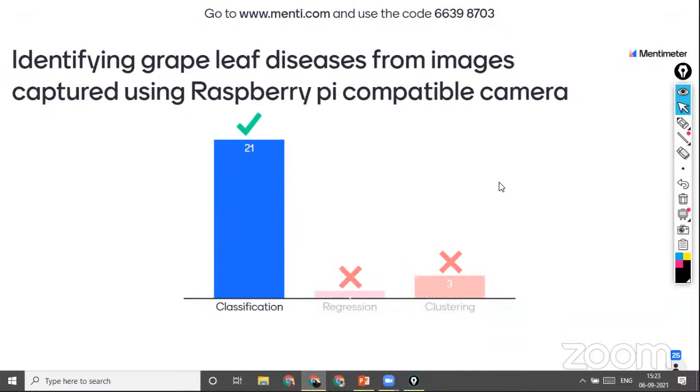Yes, very good. So many of you have marked it correctly. So here we know you have a data set where you have labels and you can classify the grape leaf diseases. Assume you have labeled that. Anyway, when you look at this problem in generic, you can see that it's a classification problem.